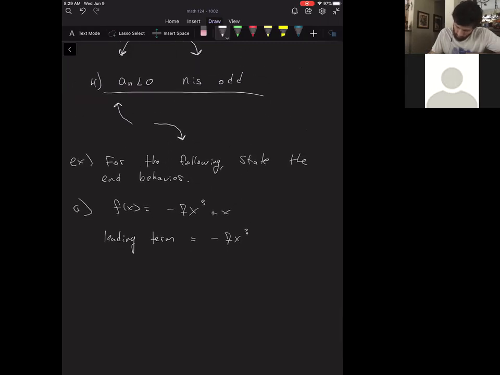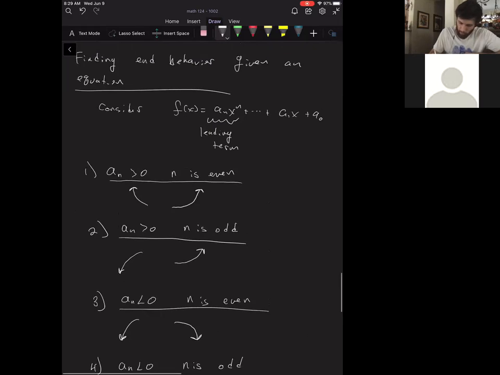Let's define that up above. So we have that whole thing as a leading term. Where can we squeeze this in here? Just so we have it written down, we'll say a_n is the leading coefficient. So the whole thing is the leading term, and a_n is just going to be the leading coefficient.